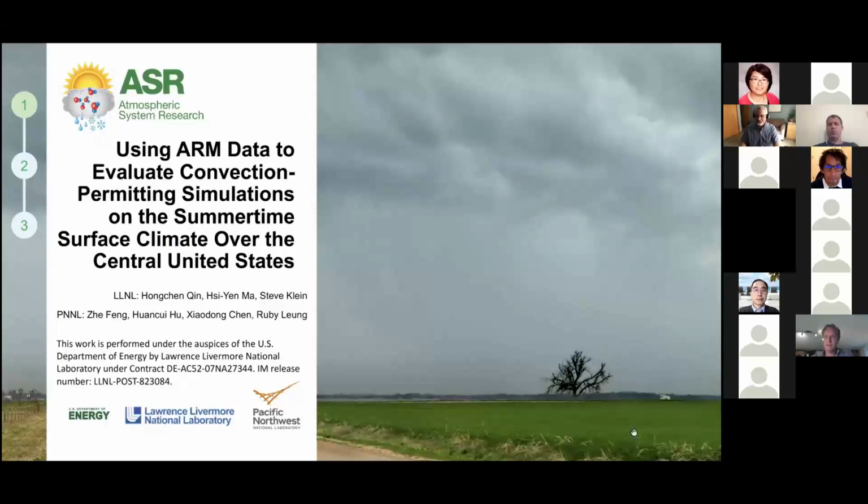So this study aims to look into this hypothesis through the lens of convection permitting simulations, in particular, a high-resolution WRF simulation, which has been shown to have reasonable MCS signals in the Feng et al. 2018 paper. So if you move to the next slide, please.